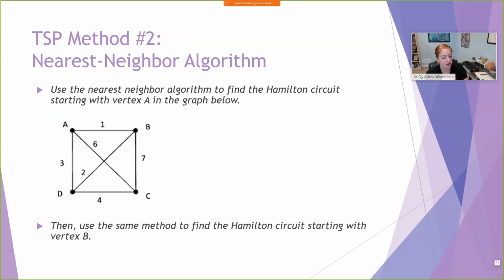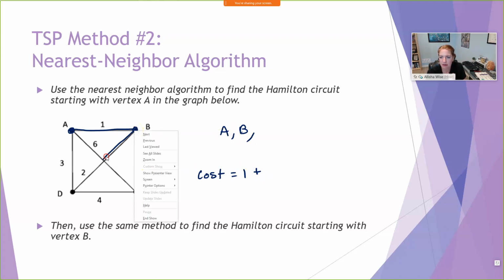So let's use the nearest neighbor algorithm to find the Hamilton circuit starting at A. Where would you go next from A? B, because it has a cost of 1. Then where next? D, which has a cost of 2.